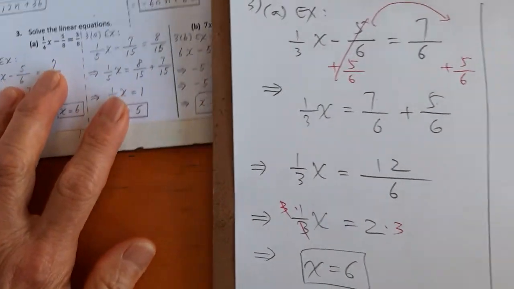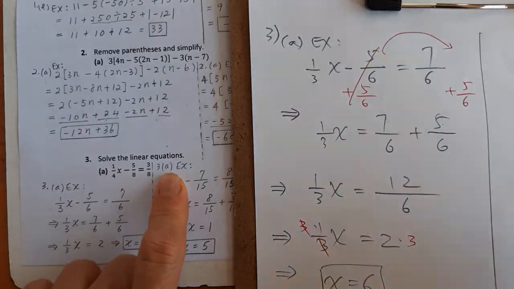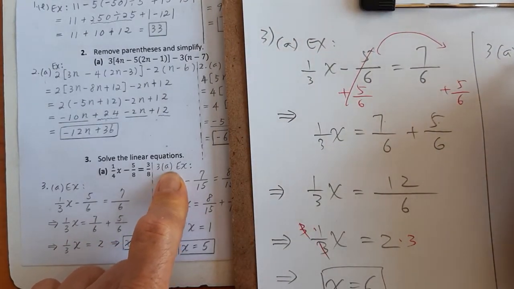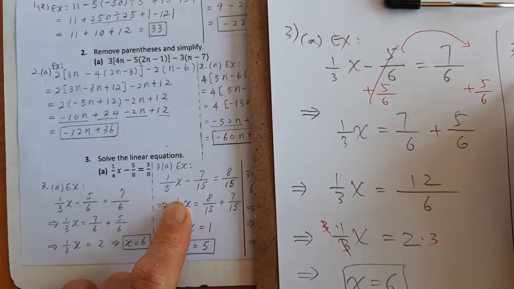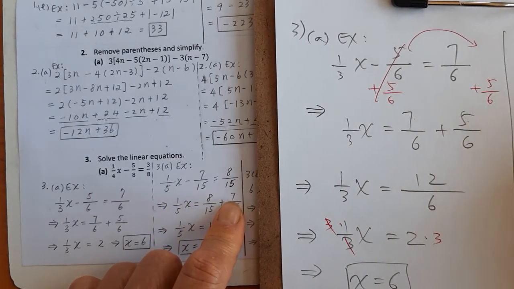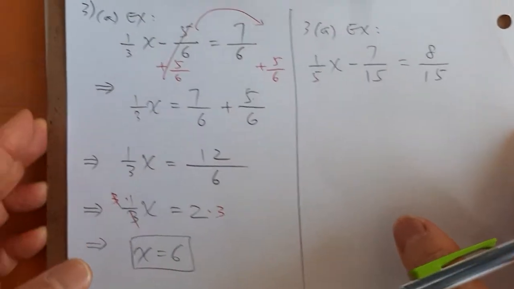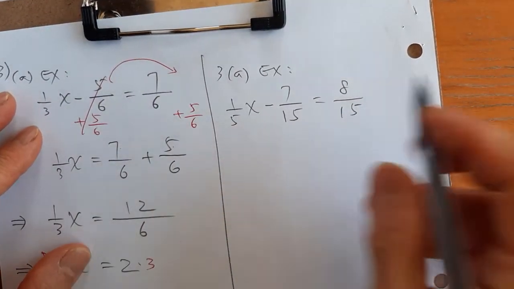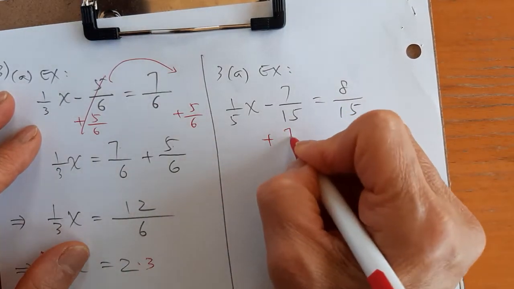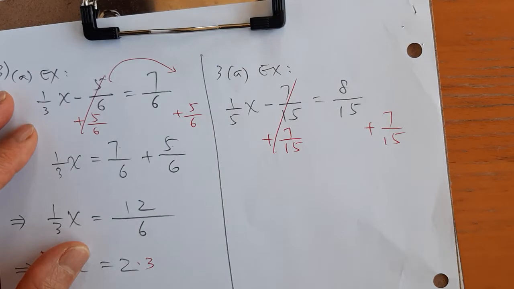And then next question, example, 3a example here. 3a example, this 1/5 x minus 7/15 equals a/15. This example. So also you can add 7/15, add 7/15, and this is 0.